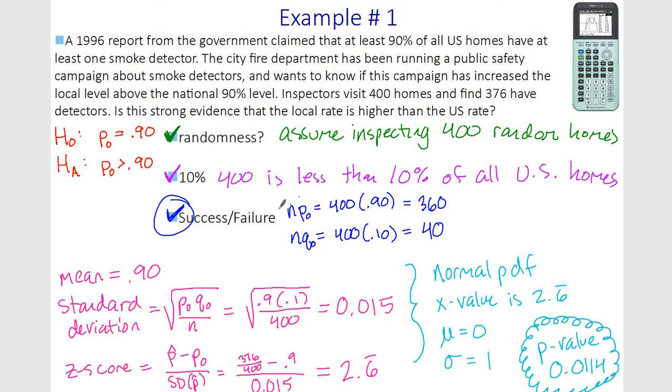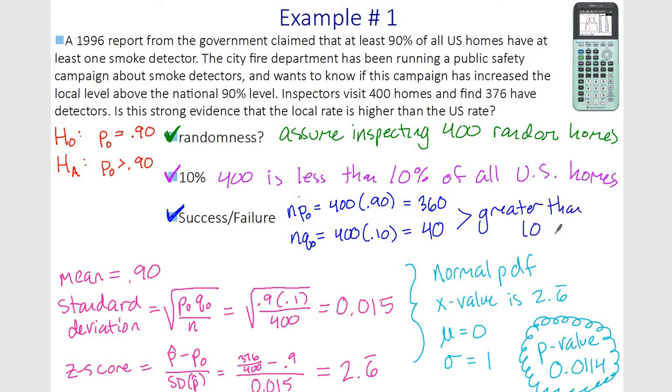That's the number of trials times the probability of success, so 0.9, your parameter there. Then q would be 1 minus the parameter, so 0.1. Both of these values are greater than 10. Let me go ahead and write that.